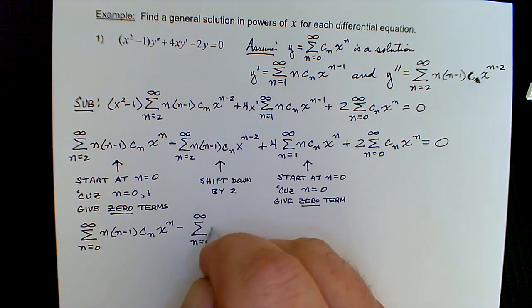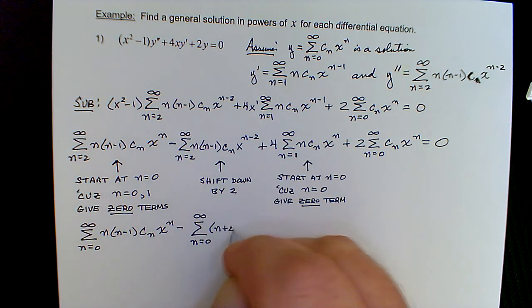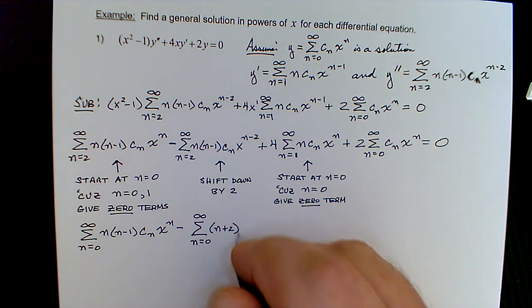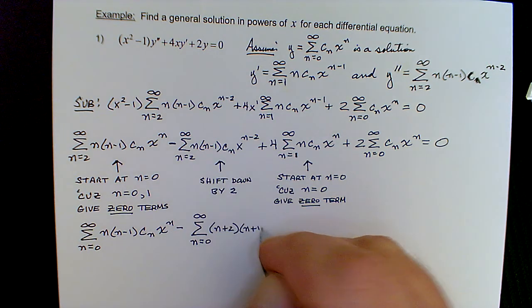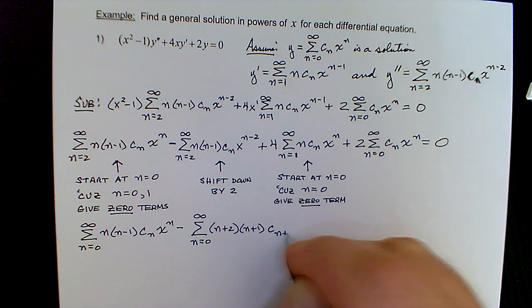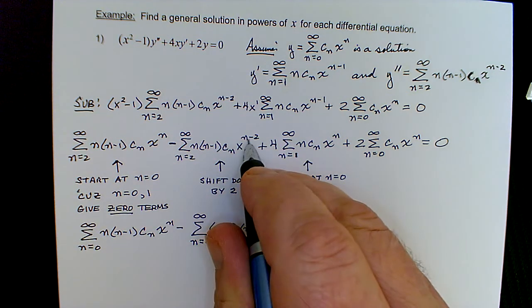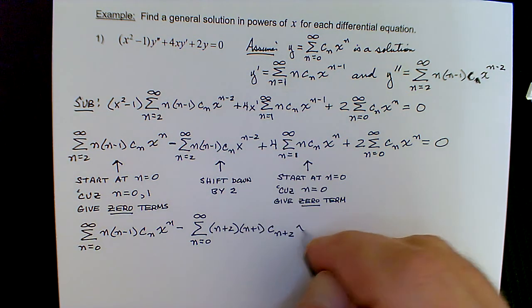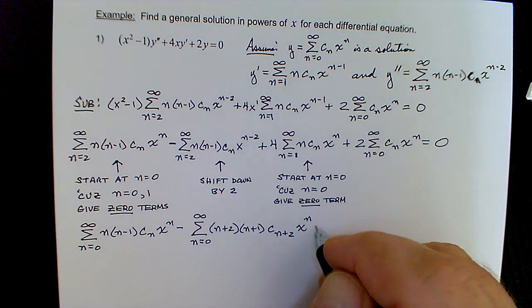And so therefore, this would be n plus 2. n plus 2 minus 1 is n plus 1. This would become c sub n plus 2, and x to the n plus 2 minus 2 is just x to the n.